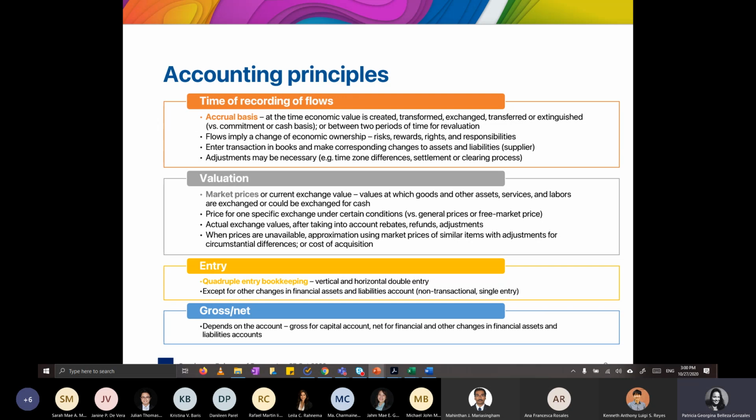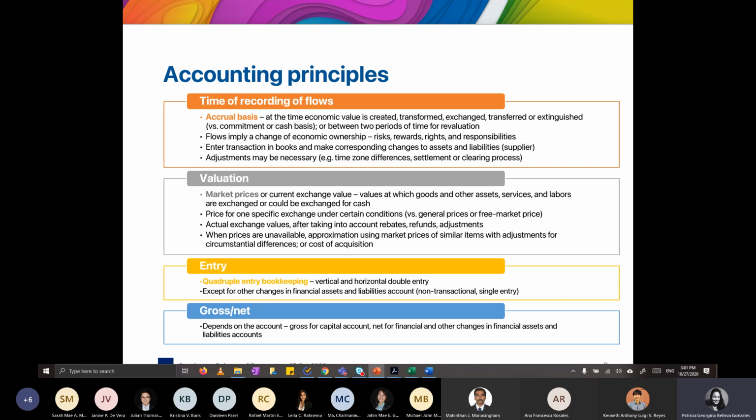And then the horizontal double entry, meaning the counterpart transacting party should also make the same entry in its balance of payments, recording the disposal of a certain capital asset, and an increase in its financial asset as it received payment from the purchasing party.